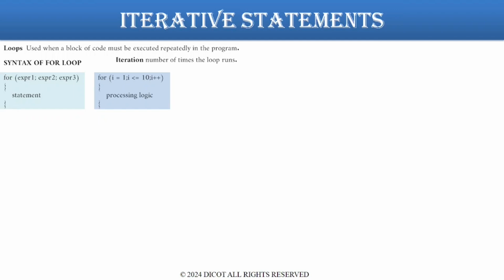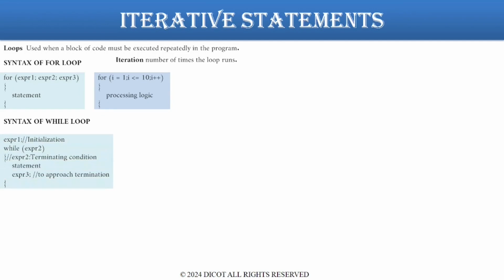In a similar way, the while loop and do while loop function. The while loop has the following syntax. Before the while loop, we have to have an initialization, that is expression 1, i = 1. This is expression 1.